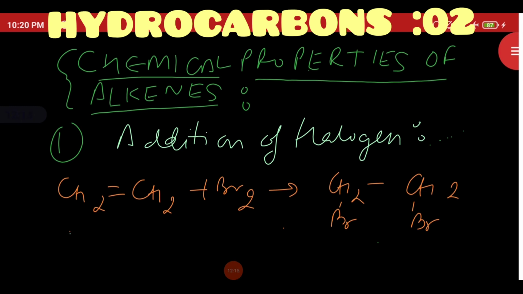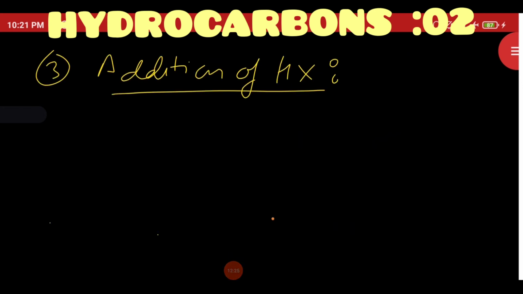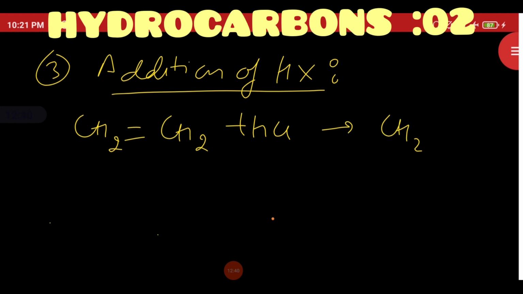Halogens like bromine or chlorine add to alkenes to form vicinal dihalides. Next is addition of hydrogen halide. Hydrogen halides like HCl, HBr or HI add to alkenes to form alkyl halides.